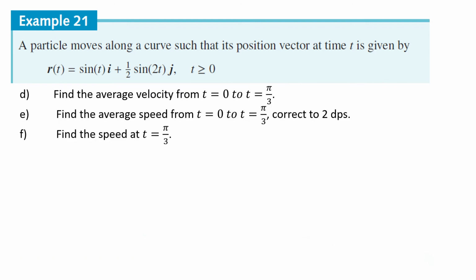Okay, so from there we need to work out our average velocity from t equals 0 to t equals pi on 3. Remember, it's our change in position over the change in time, so divided by pi on 3. When we do that calculation, it's position at time pi on 3 minus its initial position, which is the origin, and we get that final expression.